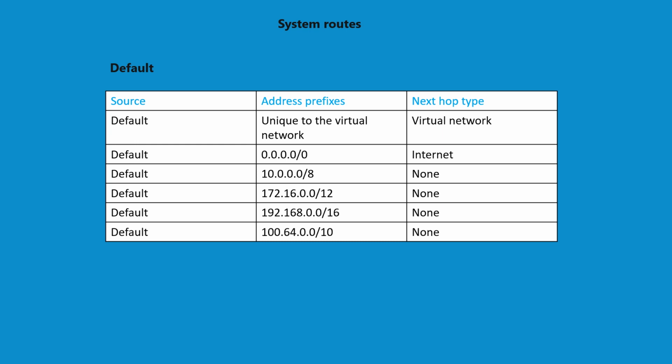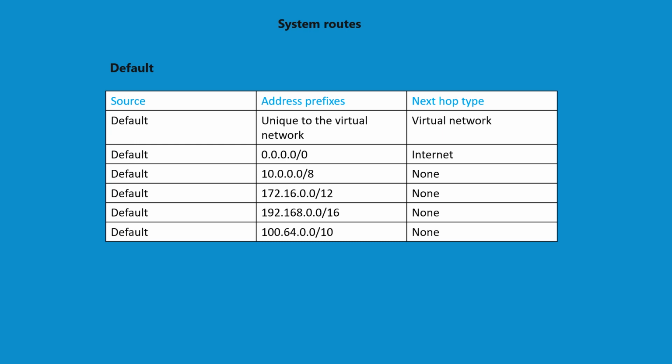You cannot create system routes, nor can you remove system routes, but you can always override some system routes with custom routes. Azure creates default system routes for each subnet, and you can see on my screen these are the default routes. Each route contains an address prefix and its next hop type.